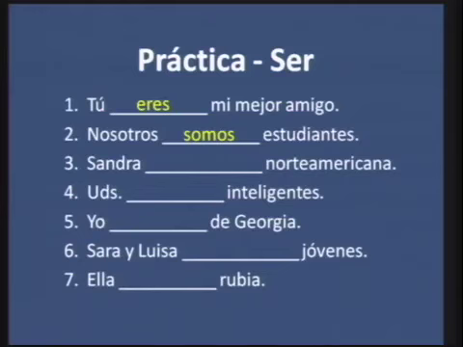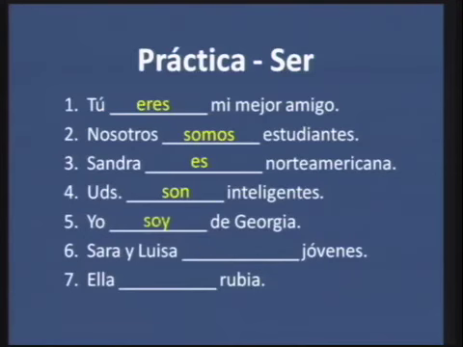Sandra is like ella, it's a she, it's ella. So ella es norteamericana. Ustedes, remember, is plural, so which one is it going to be? It's going to be son. Ustedes son inteligentes. You all are intelligent.